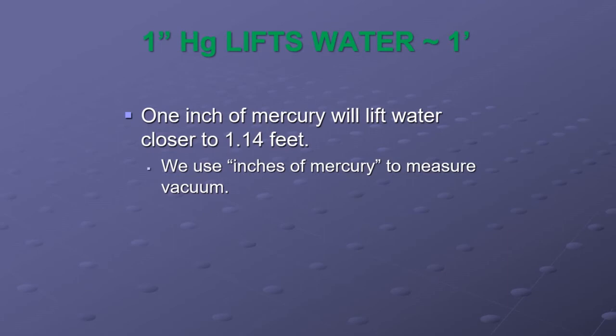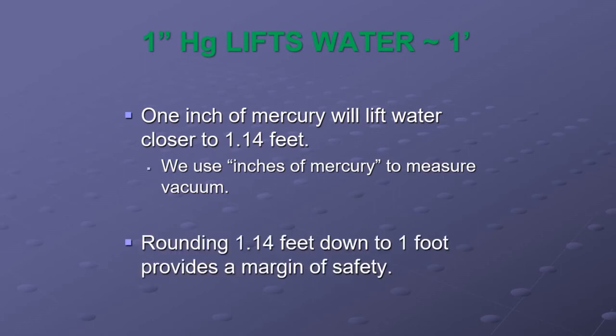You can also commonly hear it stated that 1 inch of vacuum lifts water 1 foot. And technically 1 inch of mercury or 1 inch of vacuum lifts water more like 1.14 feet. We round that down to 1 foot for margin of safety.